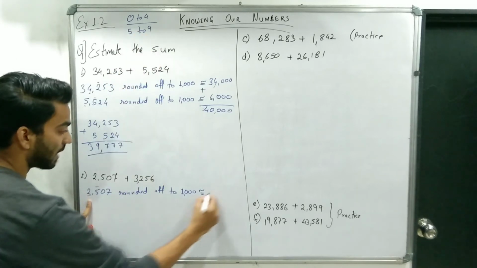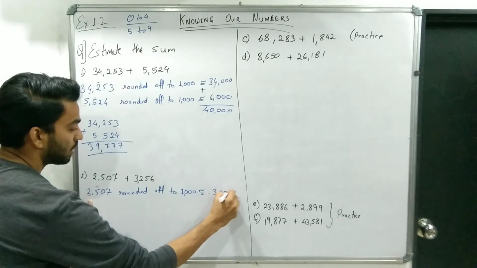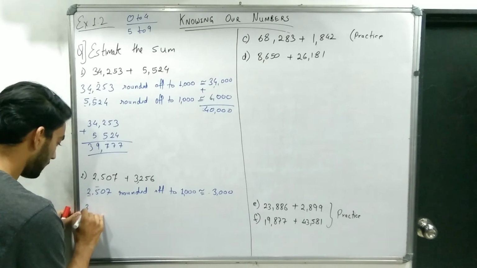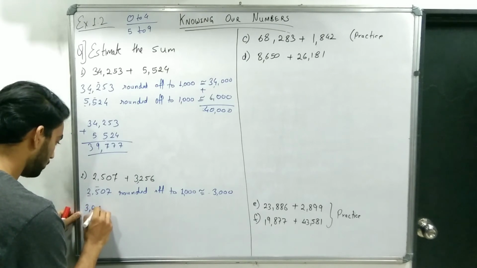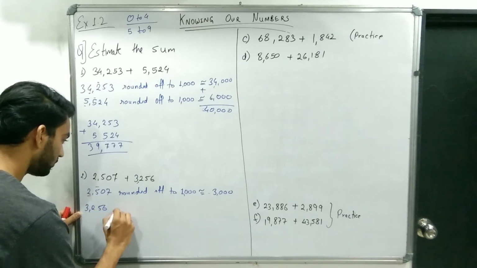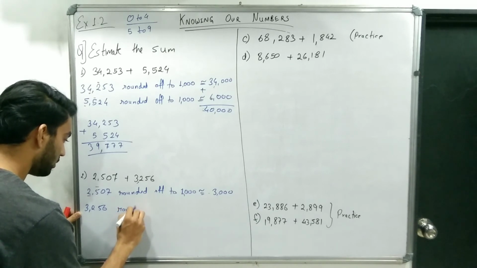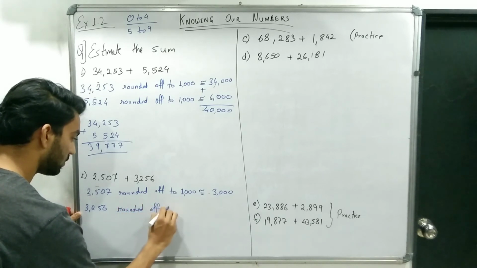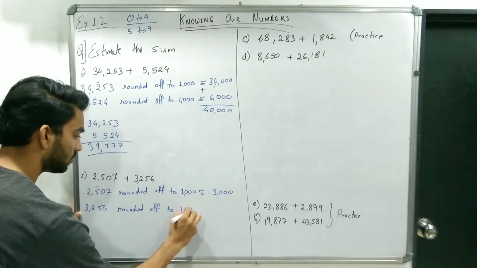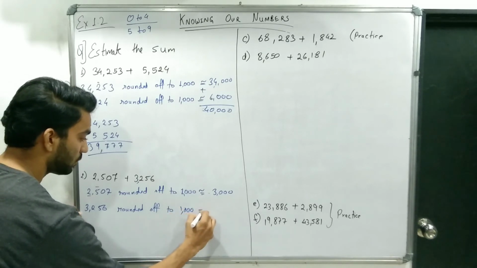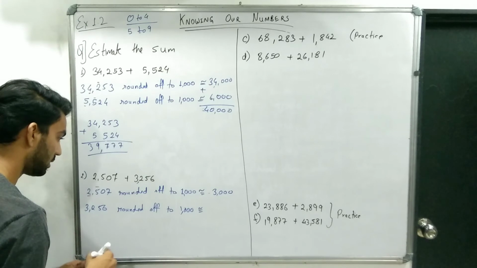So 1 will be added here, 2 plus 1, 3, it will become 3000. And 3256 is rounded off to 2000, because both have the same number of digits.